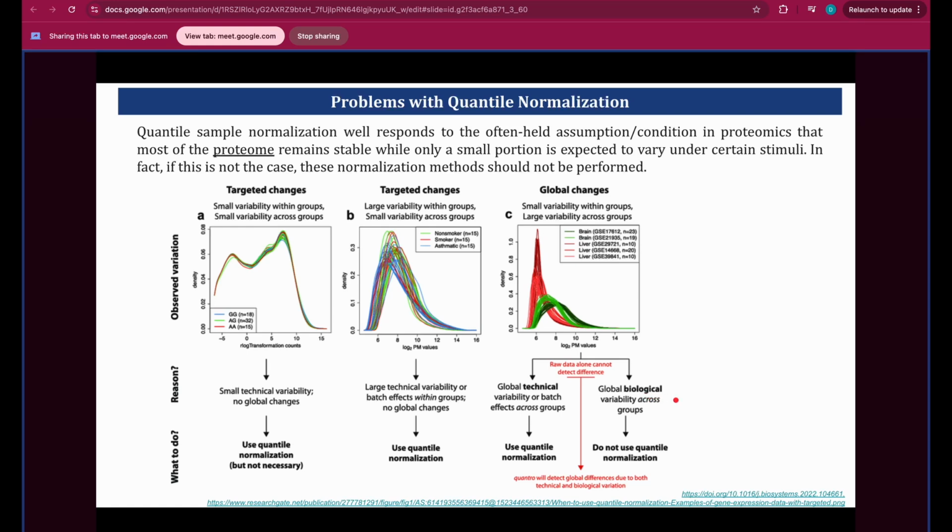It might not be a technical variability. So in case of technical variability, you can use quantile normalization, but you have to be sure that this is not a biological variability, because if it is, then you cannot use quantile normalization, as you will miss out those values which might be relevant. Quantile normalization will not consider the biological variability and it will remove the extreme or outlier values. So you should be careful while using quantile normalization.